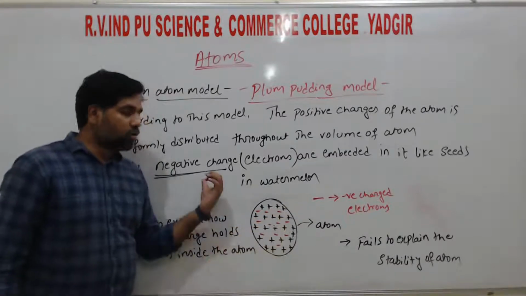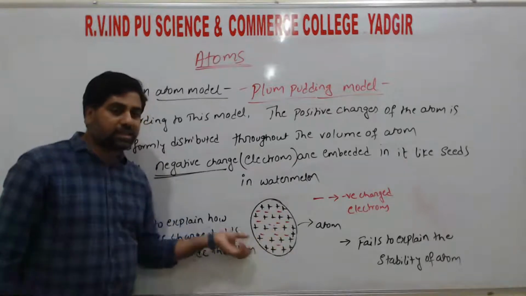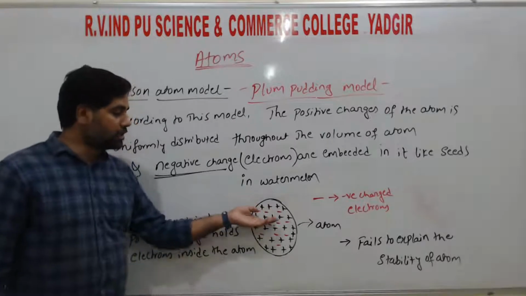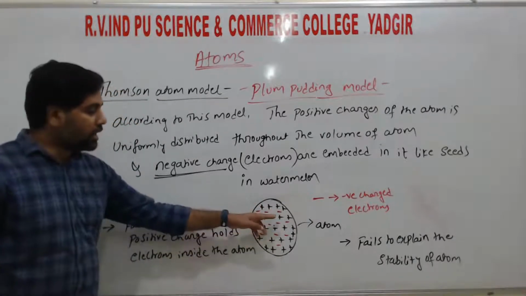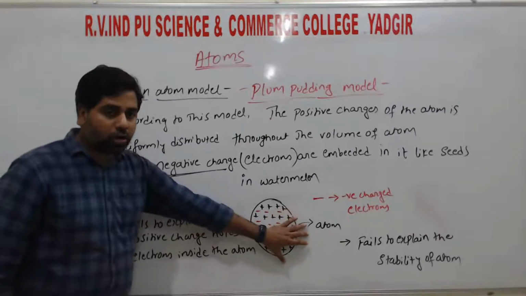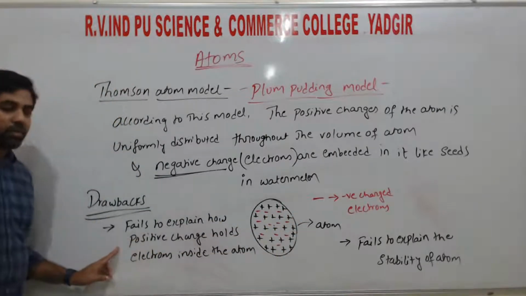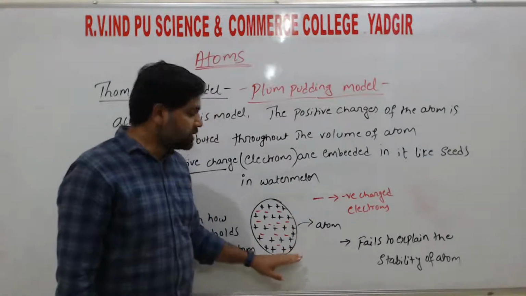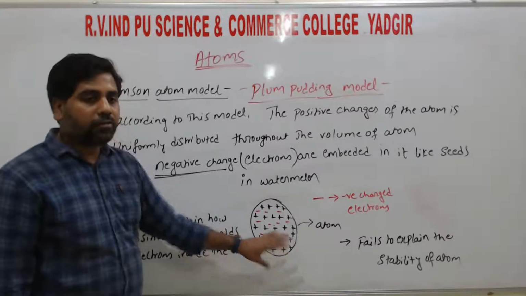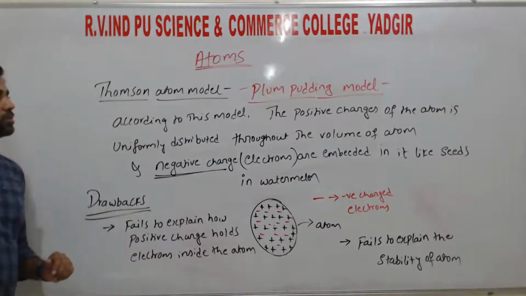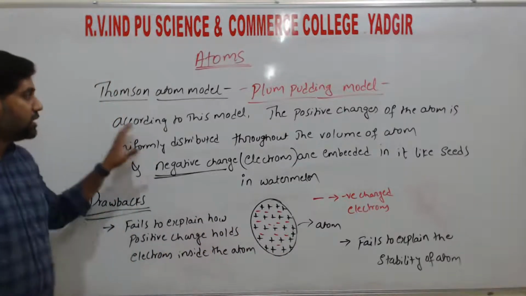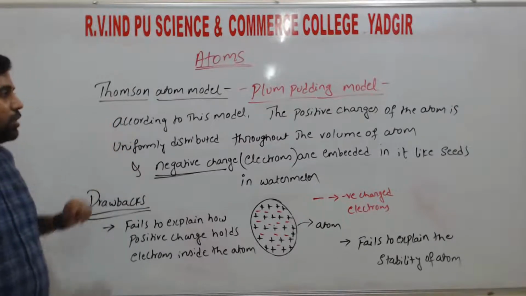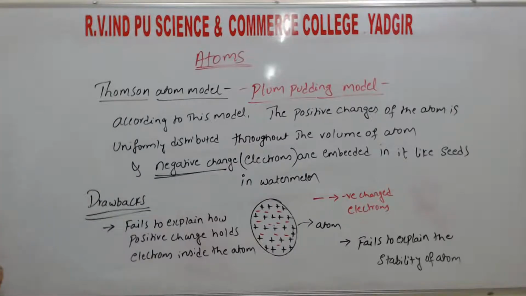Here Thomson says that the electrons are present inside the atom with the positively charged particles, right? That is the first drawback, and the second drawback is the Thomson model is unable to explain the stability of this atom. So these are the two drawbacks of Thomson's atom model. This is about the first atom model proposed by Thomson, right? So move on to the second one.